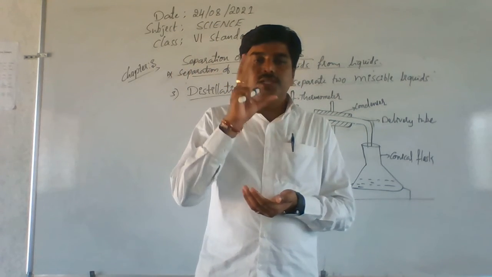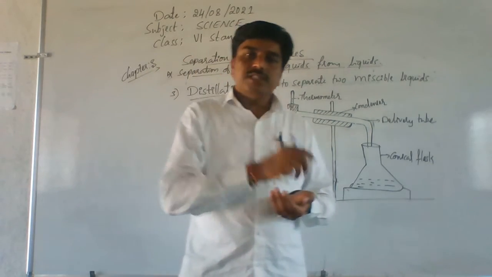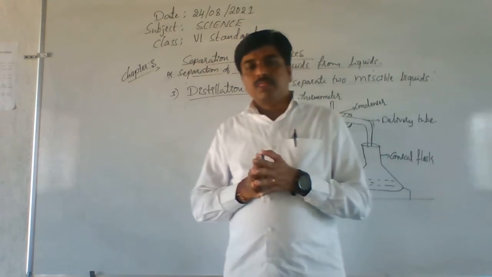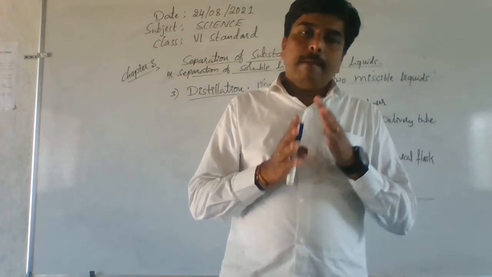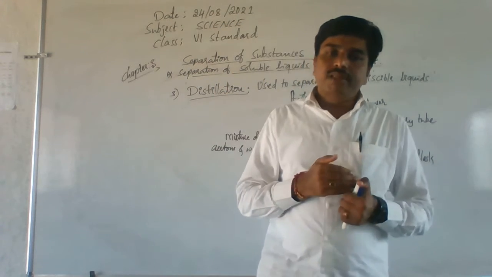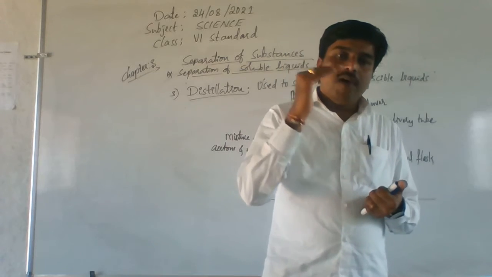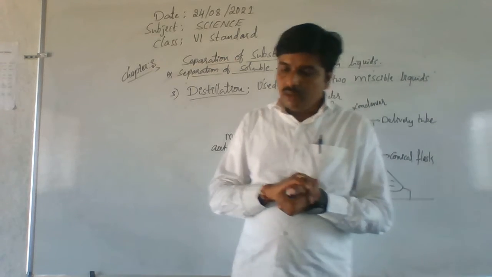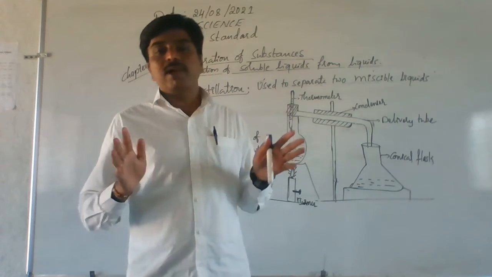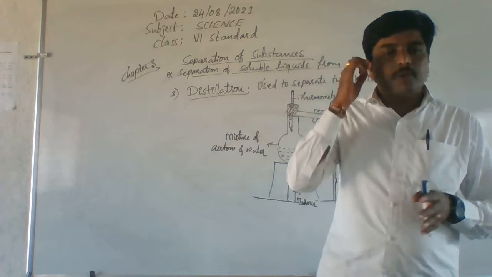we use the distillation method. Remember, students, the distillation method is a separation method used to separate miscible liquids from a mixture depending upon their boiling points. Understand? All liquids do not have the same boiling point.